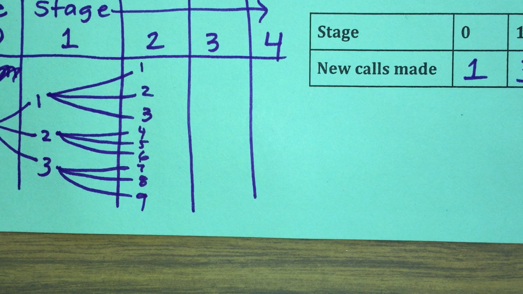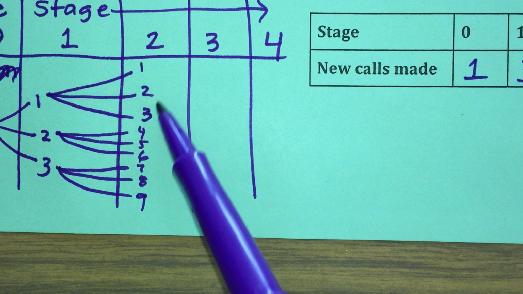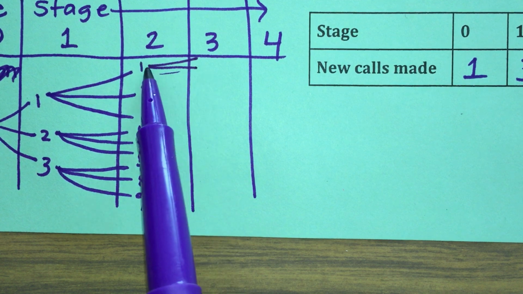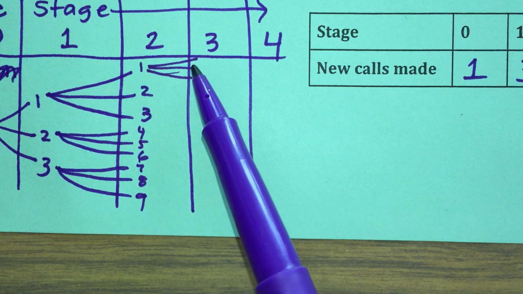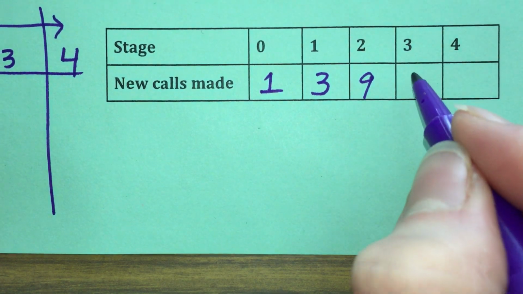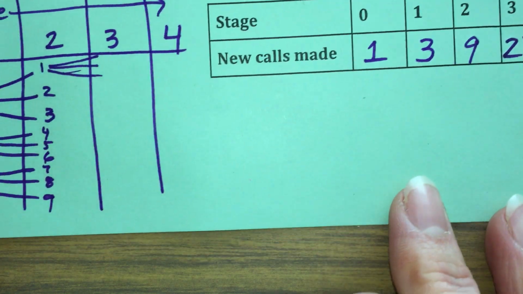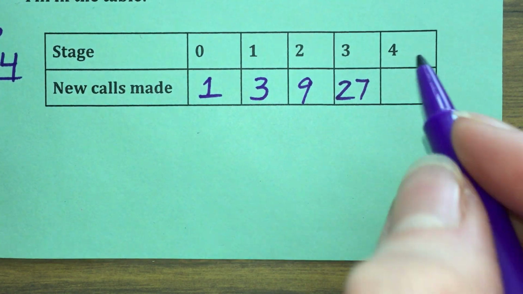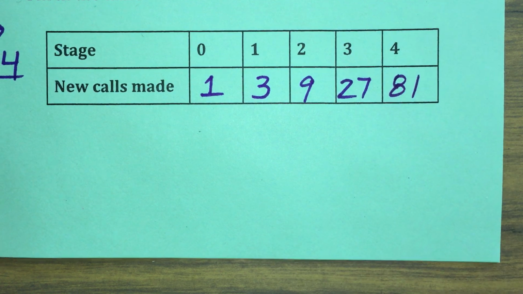Now each of these is going to branch out again. So we're going to have 3 for each of these. On your own, go ahead and make that tree. It's going to be a little crazy, but everything here is being multiplied by 3. So we have 9 times 3, which is 27. And then coming on up, we're going to do it again. That tree is going to get crazy. You're going to have 81 new people being called.